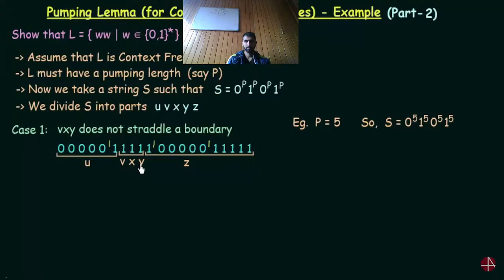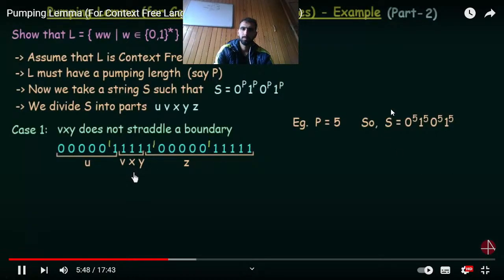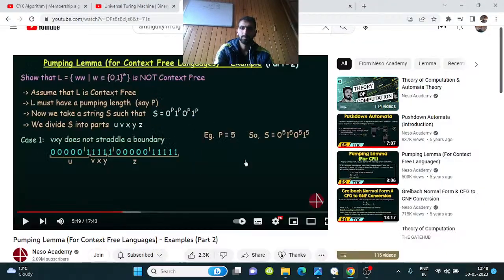What is the length of vxy? It is 1, 2, 3. And is 3 less than our pumping length? Yes, our pumping length is 5 and it is less than 5. So condition number 3 holds. And condition number 2 says that the length of vy should be greater than 0. That is obvious from here. And condition number 1, that is what we have to check now.